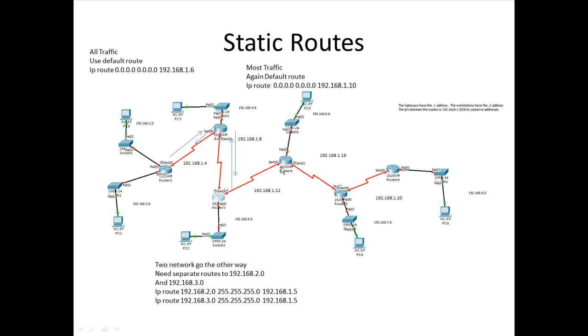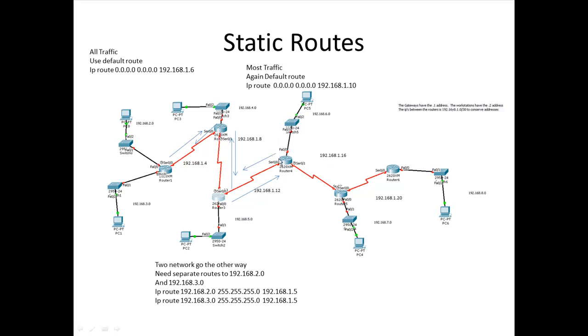Most of its traffic is going to go to router 4. We have 1, 2, 3 networks that go from 0/0/0 to 0/0/0. Most of the traffic, again, we could use a default route here. Coming out of router 4, you just kind of have to make a decision which one has the most traffic. This one has 1, 2, 3, 4 networks, or over here 2 networks.